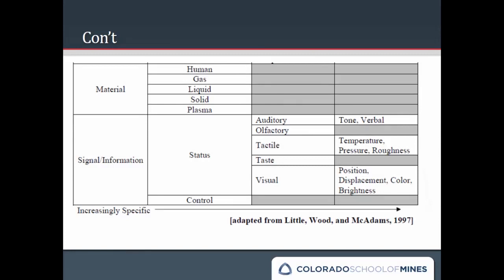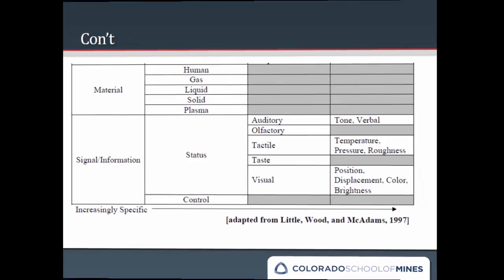And again, if I look at the same thing for materials, which doesn't have as many categories, signals and information do have a lot of those categories. If you look through all of these, you see on the bottom of this slide that we go from the most general categories to increasingly specific as I move from left to right on these particular tables.